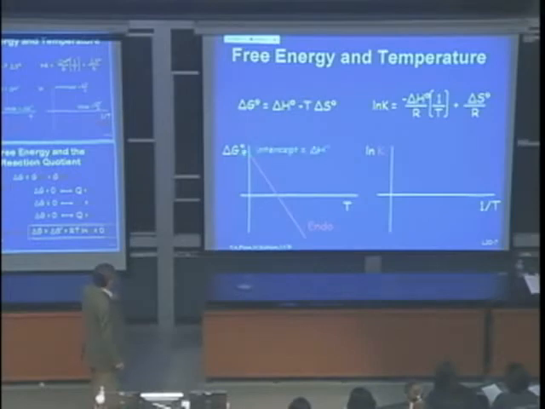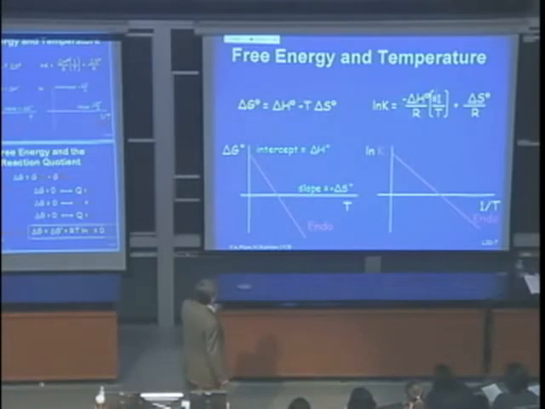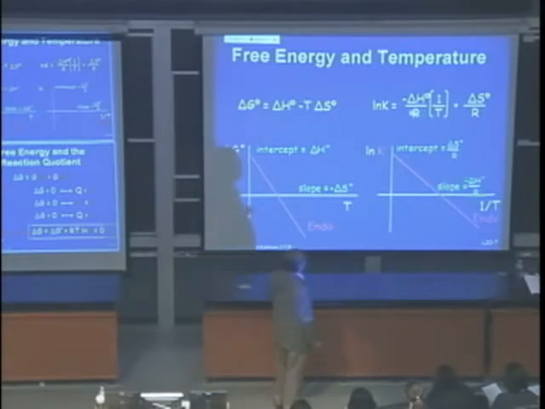And if I have ln k over 1 over T, then my slope is minus delta H over R, and the intercept would be delta S over R, okay? Intercept is delta S over R, and the slope is minus delta H over R.